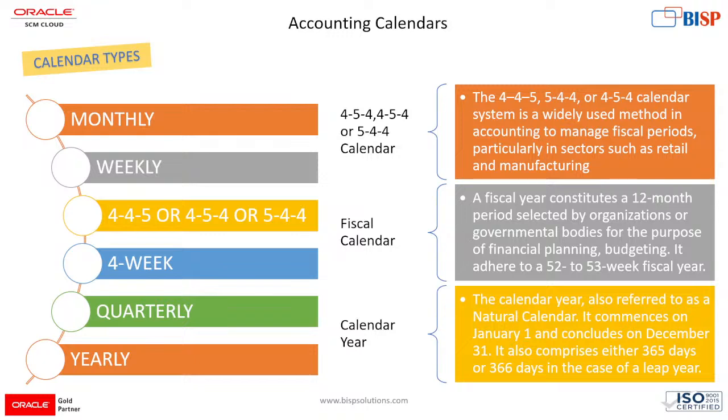The fiscal year need not be aligned with the calendar year, enabling entities to determine distinct start and end dates. For instance, non-profit organizations may synchronize their fiscal year with grant award schedules, while for-profit enterprises might opt for a year end following the peak of revenue generation.